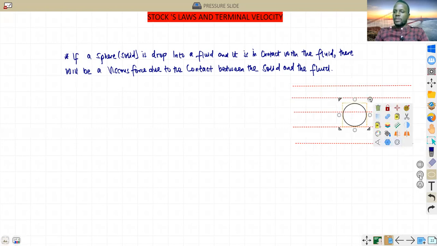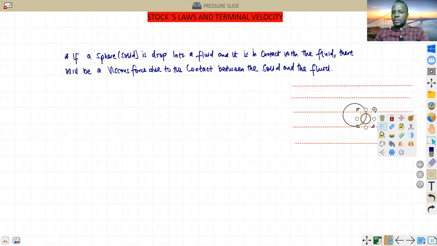Now, because of this, there will be a contact between the layers of the fluid. This sphere is having a velocity. Let's say the flow of this fluid is moving with a velocity of v, as you can see.